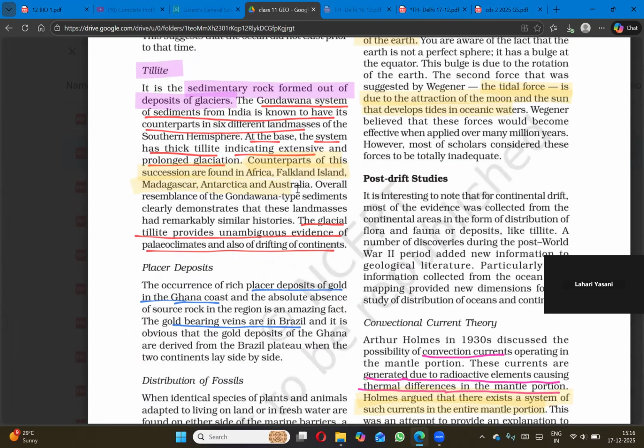So these are the 6 different land masses where we can find the traces of tillite, which is also found in India. The overall resemblance of the Gondwana type sediments clearly demonstrates that these land masses had remarkably similar histories. The glacial tillite provides unambiguous evidence of paleoclimates and also of the drifting of continents.